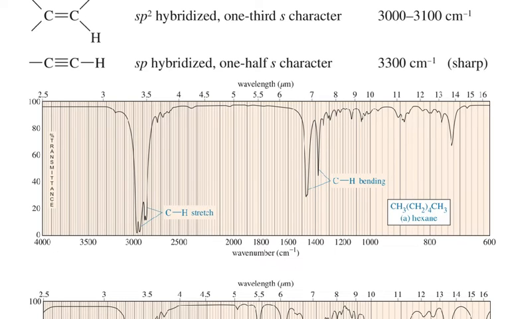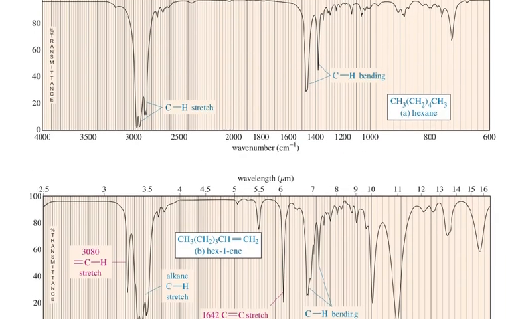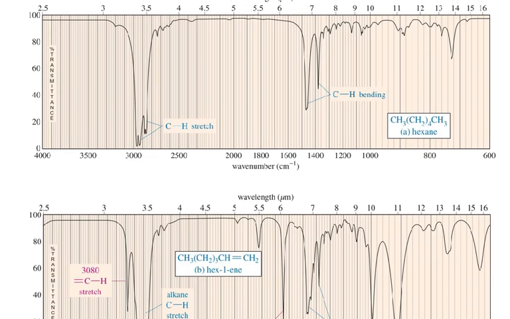The alkene CH stretch is going to be right after 3000, but after about 3100 the area is pretty much empty unless you have one of a few specific things. One of those is a terminal alkyne, which has a characteristic sharp little peak at 3300.